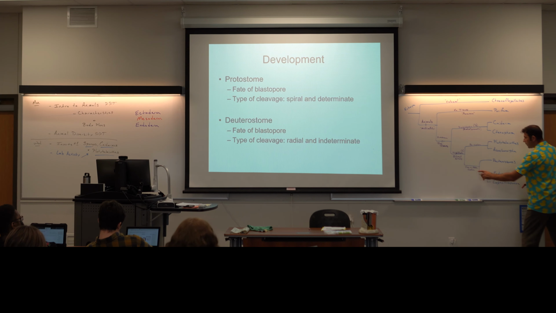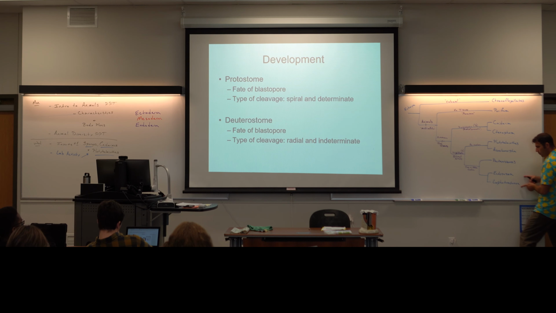So now we're looking at this last branch, and we want to separate Deuterostomes from this group that was formerly called Protostomes. The difference between these two branches is that the fate of the blastopore is different. In the Deuterostomes, it becomes the anus. In the other two groups, it becomes the mouth. And then we'll see in a picture that the type of cleavage is different between Deuterostomes and the last two groups, Ecdysozoans and Lophotrochozoans.